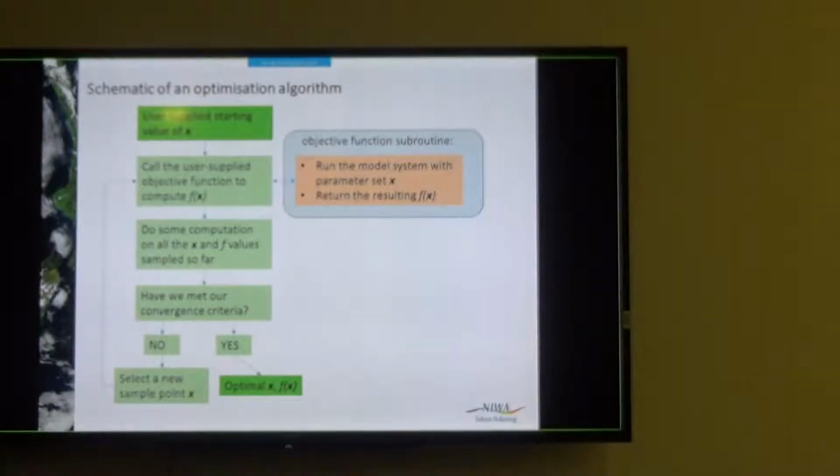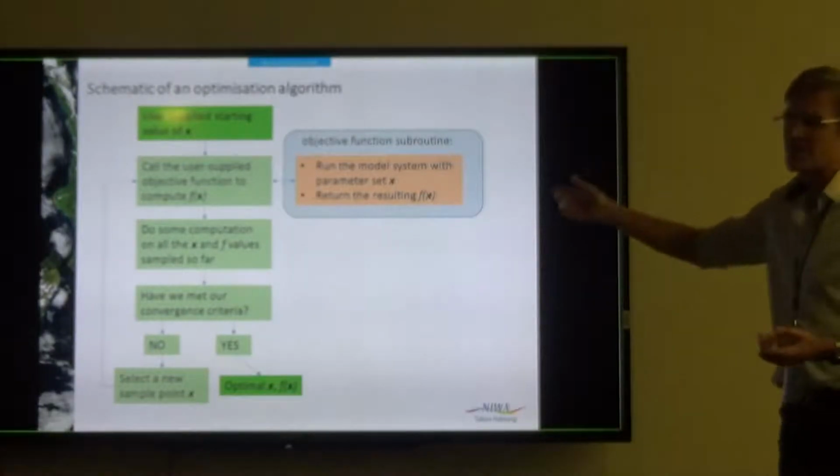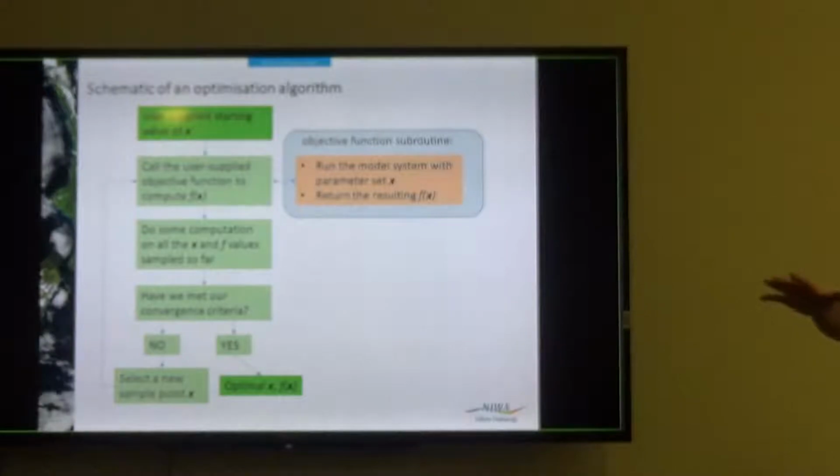Well, that's all very well and good, but in our case, our objective function is the result of a fairly complex bit of code. It's running a model, it's getting data and doing all sorts of stuff with it. So it's not really inviting to write that as a subroutine for someone's optimisation code.